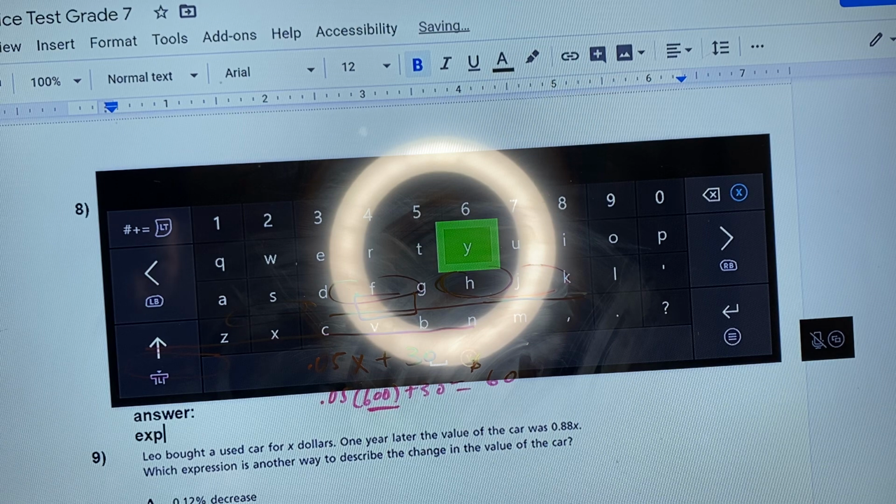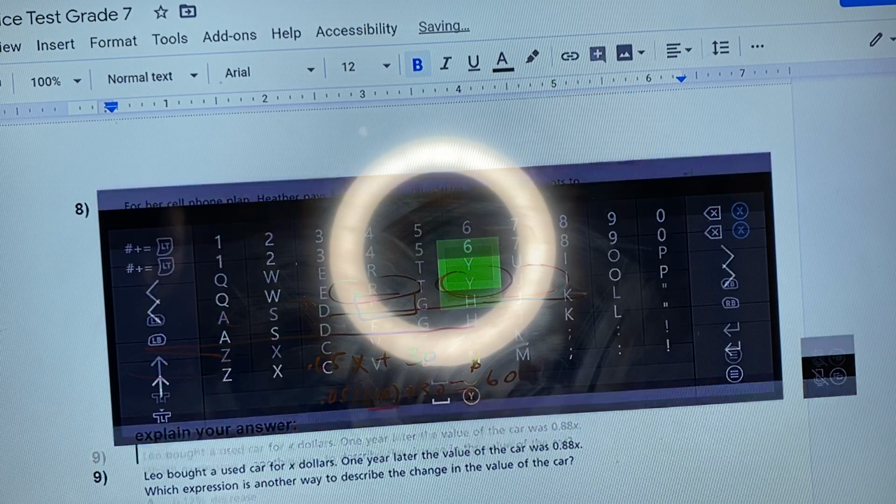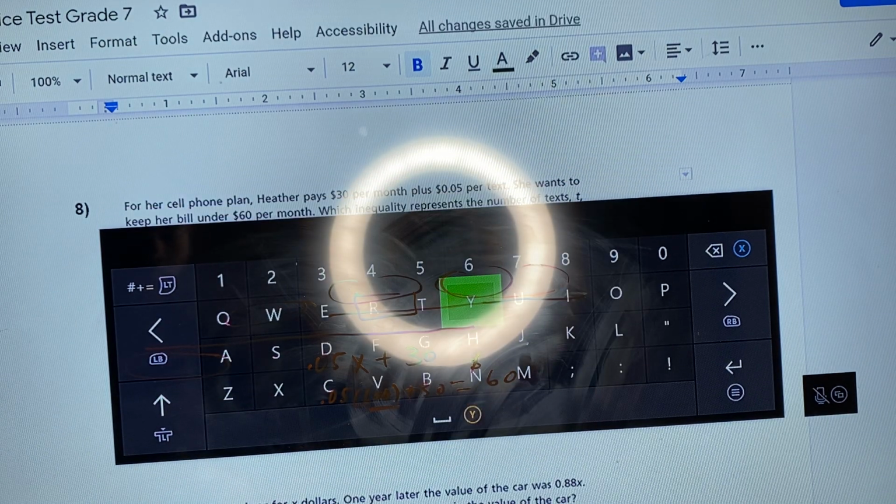Explain your answer. See how I'm doing this on the Xbox? Ain't this cool? There we go. Oops, spelled that wrong. All right, and that does it.